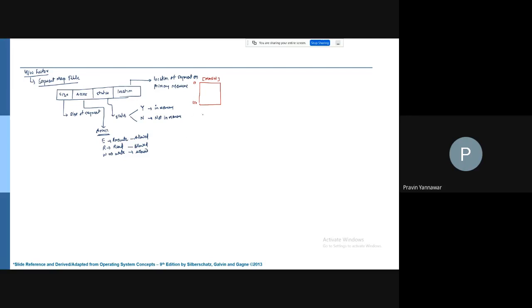Then you have one segment for all your subroutines. So this is particular segment, say of size 340. I'm just putting some random numbers here to give you the details. So this is segment one, this is segment two, and then we have segment three.